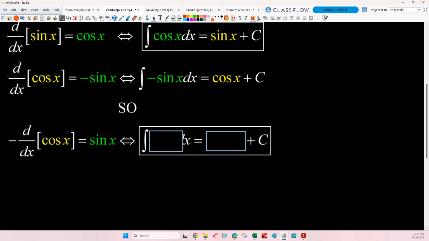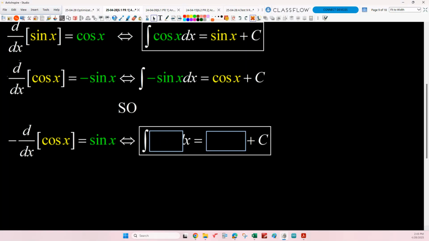Well, you could, but couldn't we even do something like this? What if we just flip this around from the beginning? What if I said, okay, well, the derivative of cosine x equals negative sine x. What if I just multiply each side of that equation by negative 1? I get negative the derivative of cosine x equals sine x.